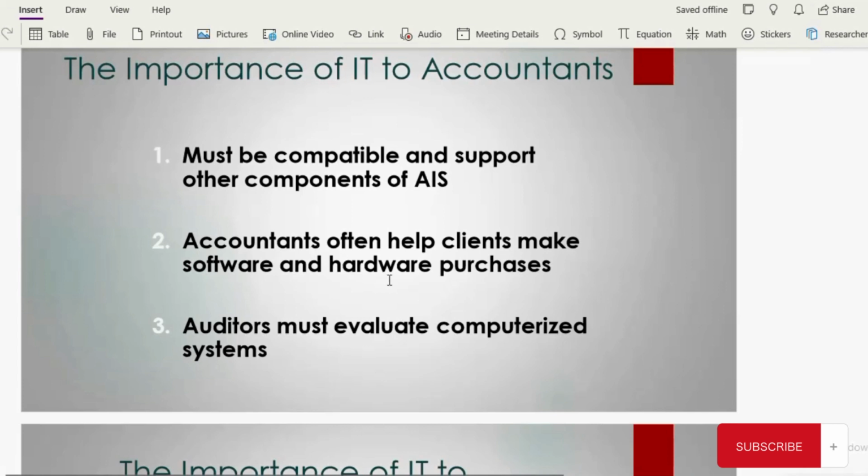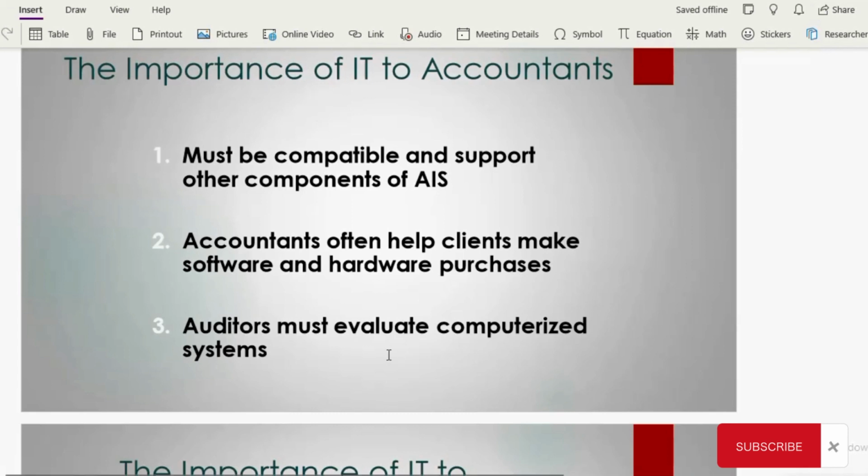Accountants also help the clients make software and hardware purchases, because they tell the clients which type of hardware and software is going to be helpful for them. For example, if the accounting people are not consulted, then the company might end up purchasing so much hardware which is not needed.